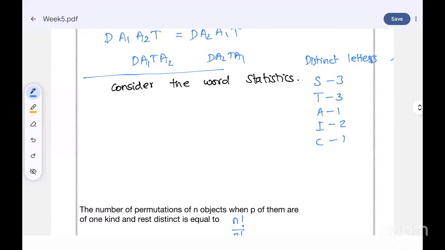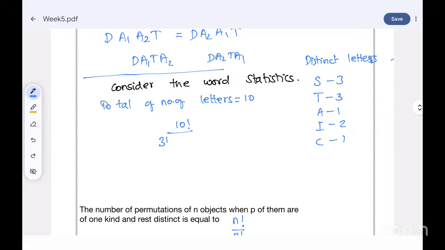So in this case, how should the formula go? The total number of letters here is 1, 2, 3, 4, 5, 6, 7, 8, 9, 10. So 10 factorial, and then every time you repeat, you have to remove those parts.